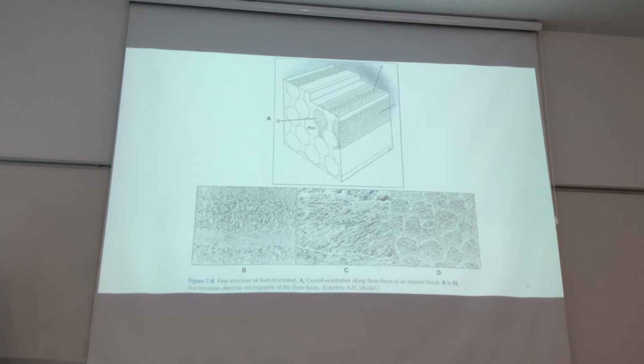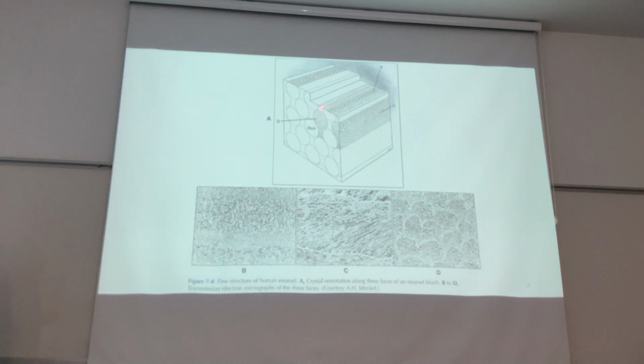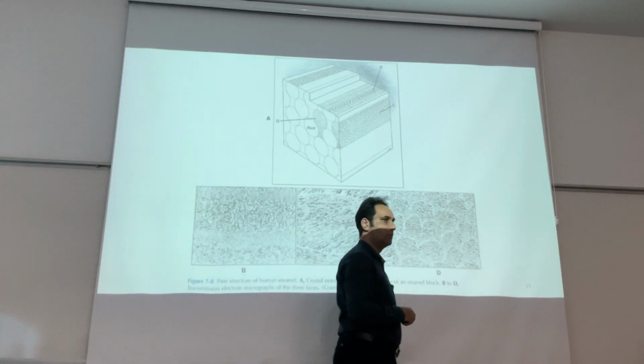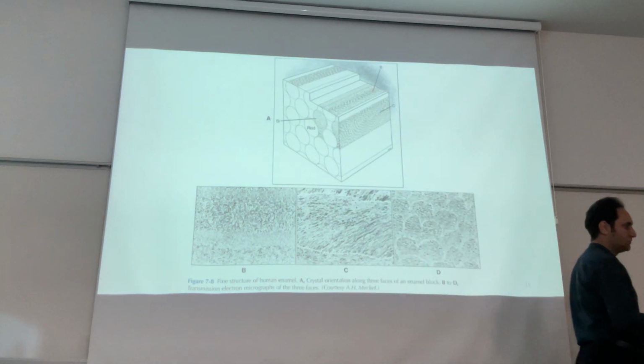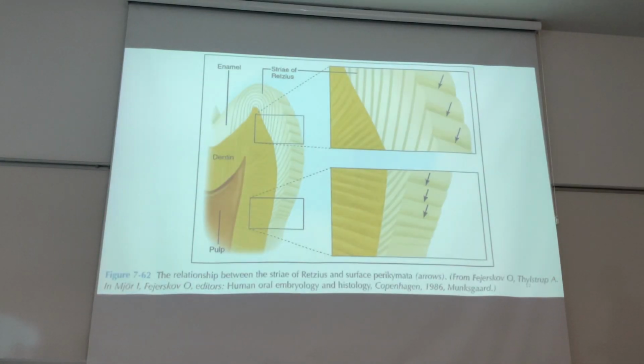Again, you can see the rod and interrod structures. For formation of this rod and interrod, how many ameloblasts have a role in the formation of the rods? 4 ameloblasts. Every 4 ameloblasts can form only one key-like structure.